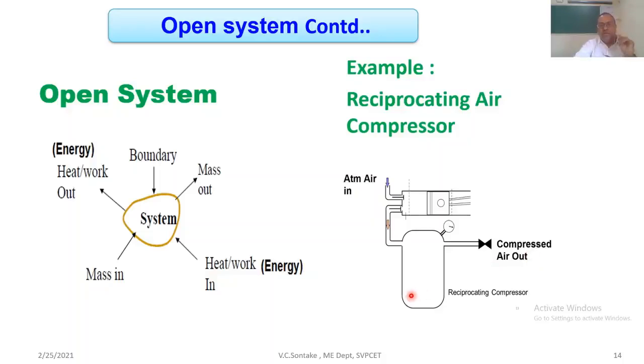With regard to the energy transfer, electrical energy is given to drive this compressor, so electrical energy is input and some heat is also leaving after compression. So energy transfer is taking place. This way, a reciprocating compressor can be defined as an open system.